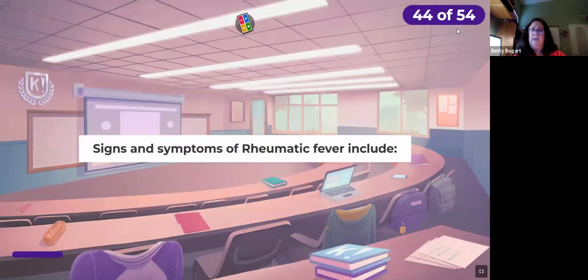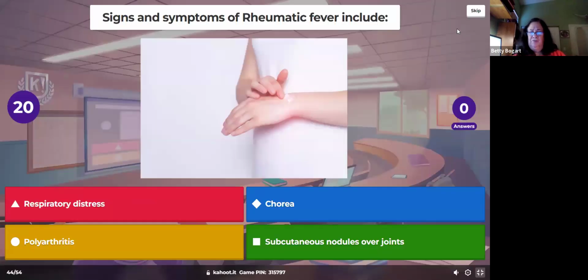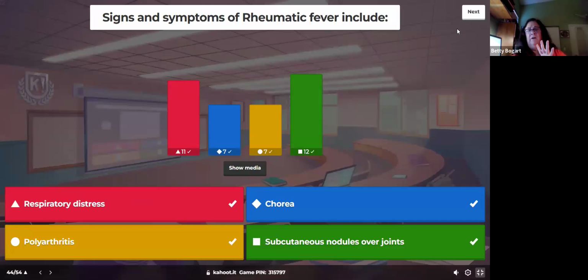A multi. Signs and symptoms of rheumatic fever include... the rheumatic fever.